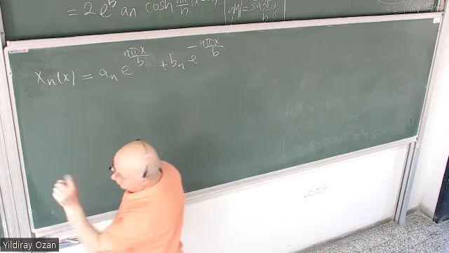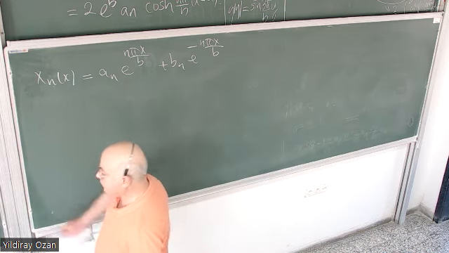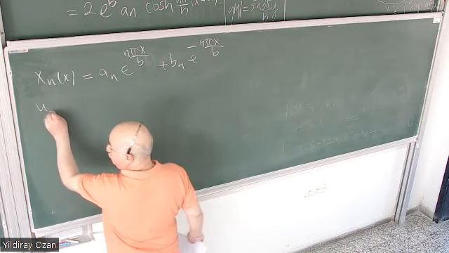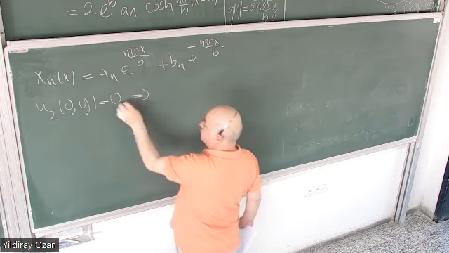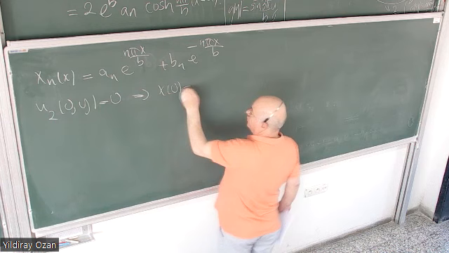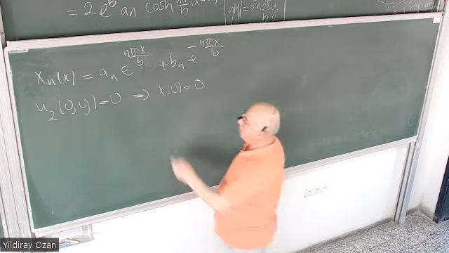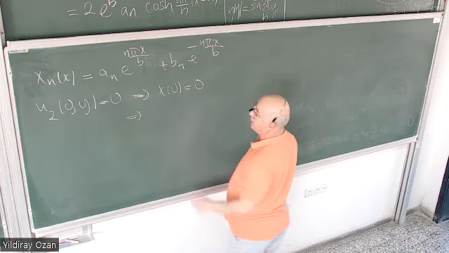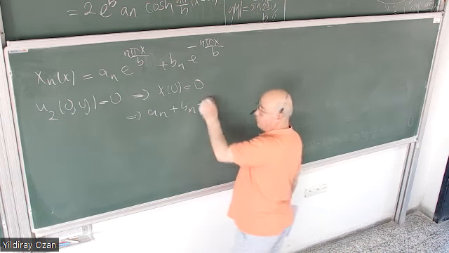Now for this one, the boundary conditions are different. This one, u sub 2 (0,y) equals 0. This gives me x(0) is 0. So when I plug 0 for x, I should get 0, and I get just a_n plus b_n equals 0.